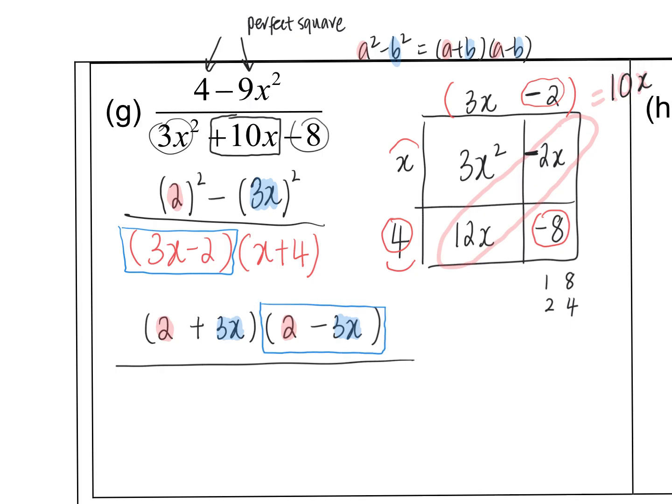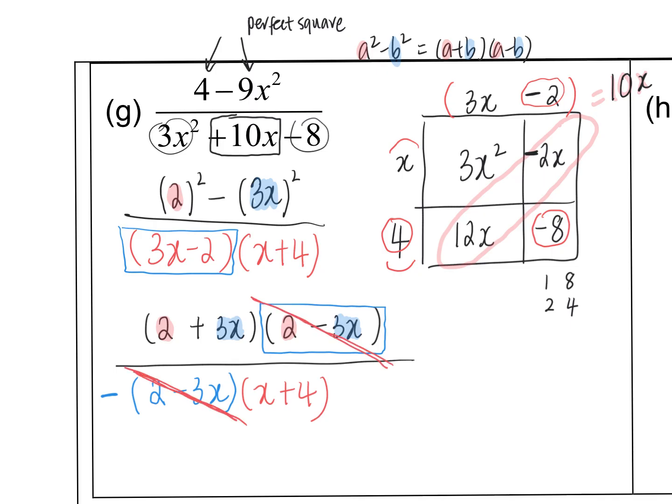So your suspicion is I need to swap. What you can do is swap one of the numbers. Maybe I swap the one below. I put a negative in front, then I change this to 2 minus 3x. x plus 4, no change. So now they are exactly the same.